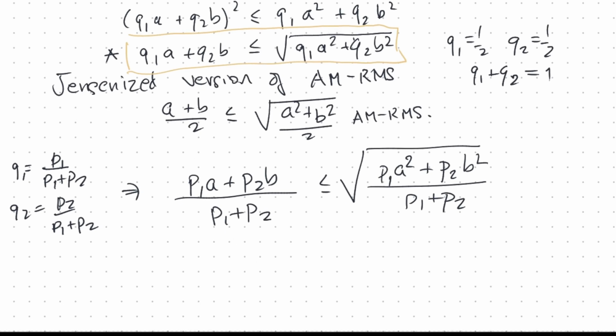You see that this is like a generalized arithmetic mean, and this is generalized RMS, or Jensenized RMS. So it's an amazing result. It still works even when we put weights on these points. We get a more general version. Very amazing.